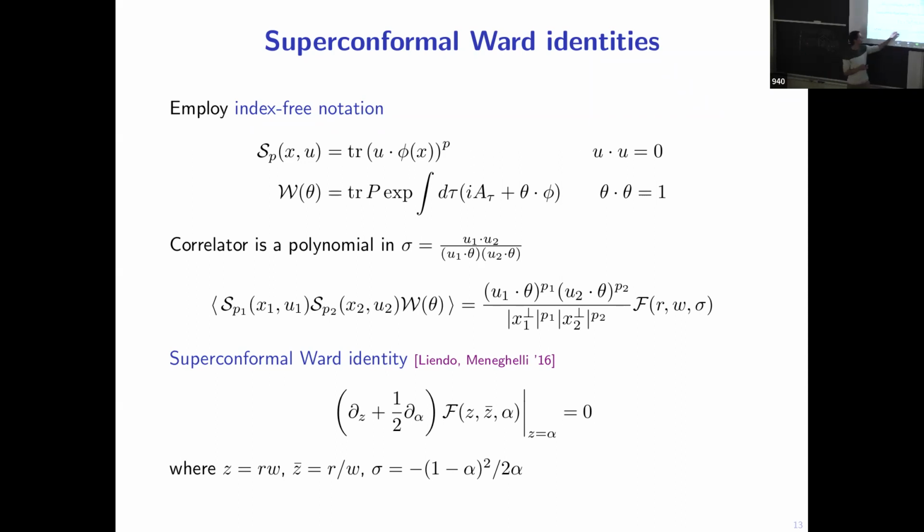Remembering that this was polynomial in sigma, and sigma is mapped to alpha, this is going to give you relations. This polynomial is going to have functions that are all related to each other by some linear differentiation. This turned out to be extremely powerful. Because it's a linear differential equation, many of these components are really not independent.